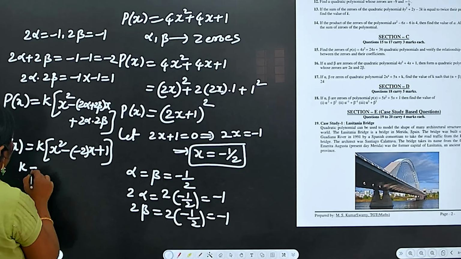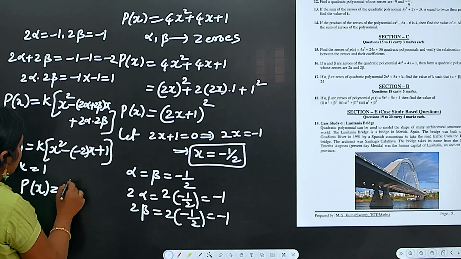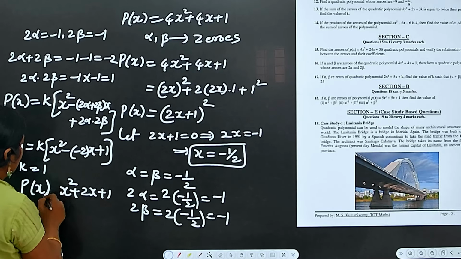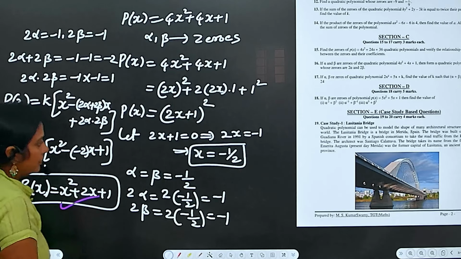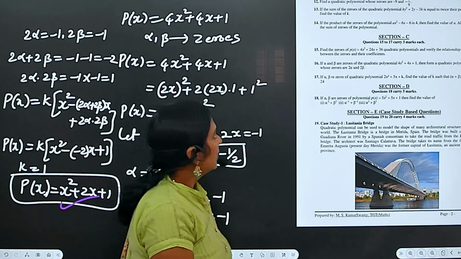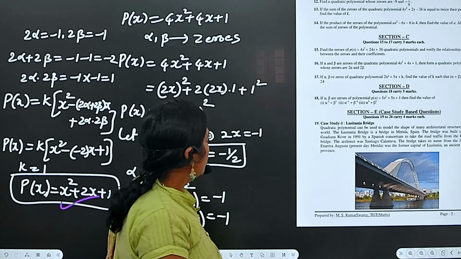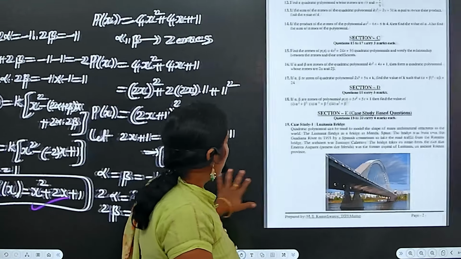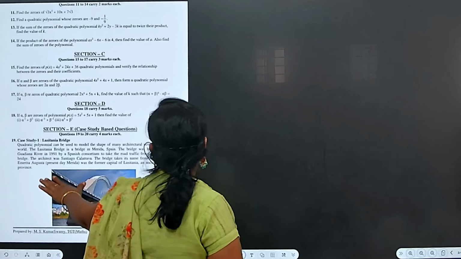Choose k equal to 1. So the required polynomial is x square plus 2x plus 1. This is the answer. Section C, 16th one is over. Seventeenth question.